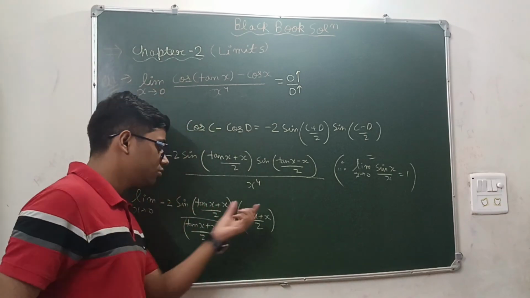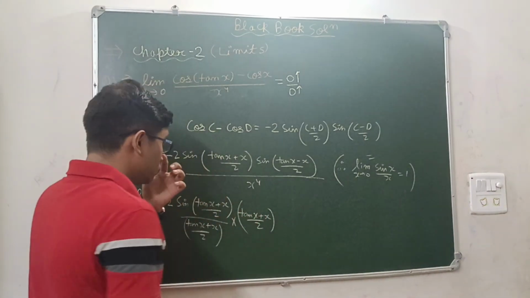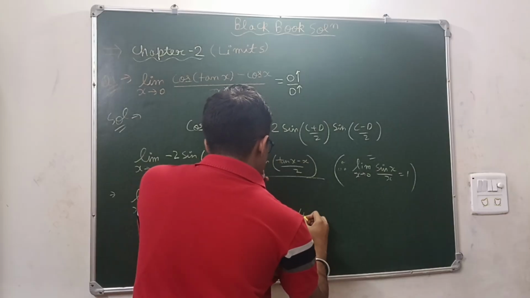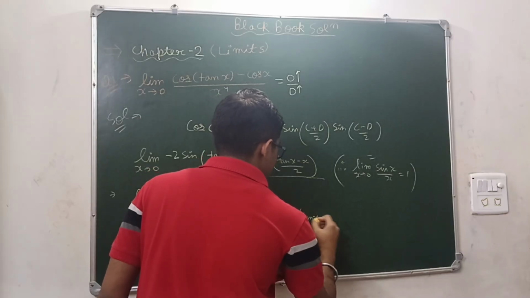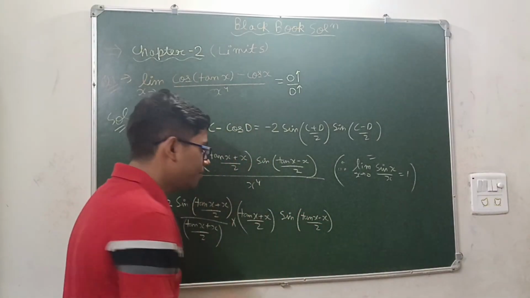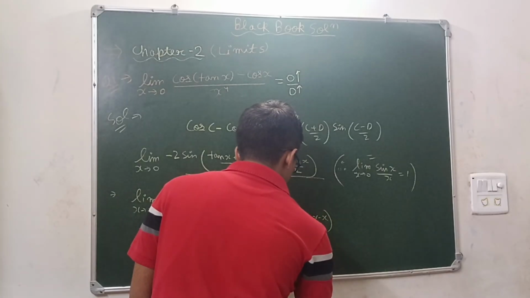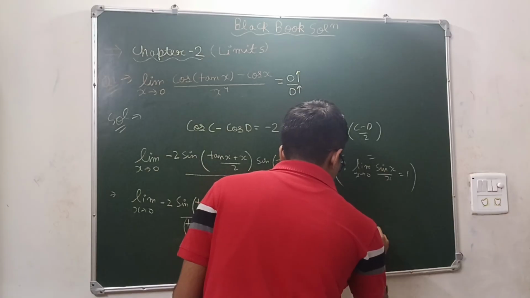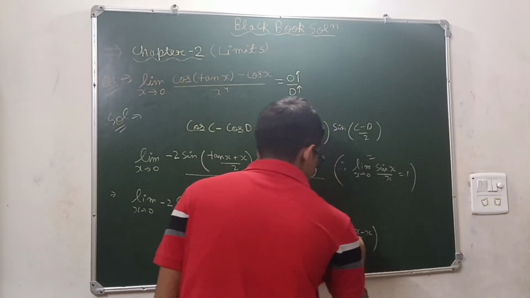The expression is like this only. Also for this expression, sine of (tan x minus x) by 2, upon (tan x minus x) by 2, and (tan x minus x) by 2.